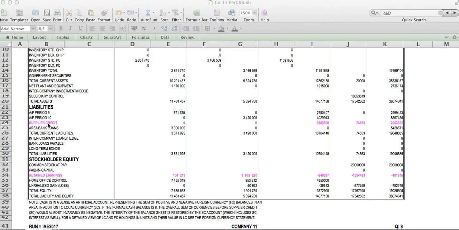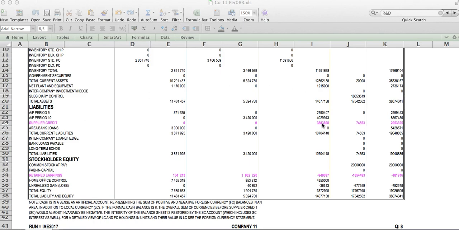Then comes supplier credit. Supplier credit is money owed that the company has not been able to pay, and for which it got a special credit at a high cost provided by the bank, and that will be paid immediately in the next quarter.